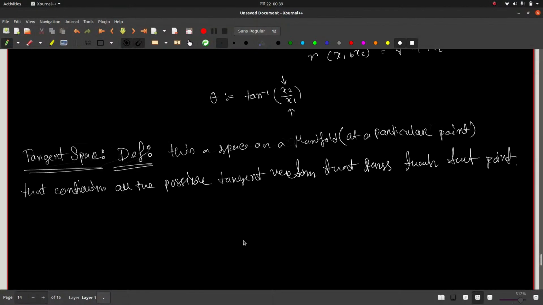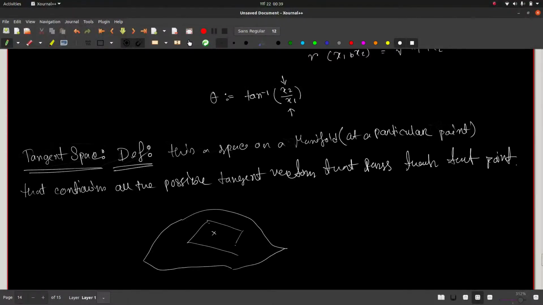And again, graphically, it would look something like this. If this is our manifold and this is the point of interest, then a tangent plane would look something like this.